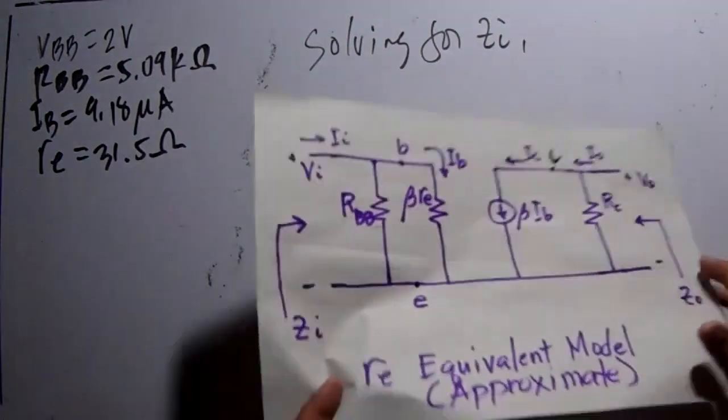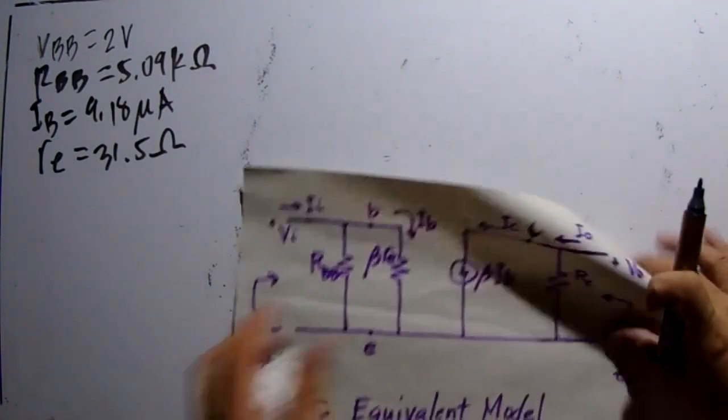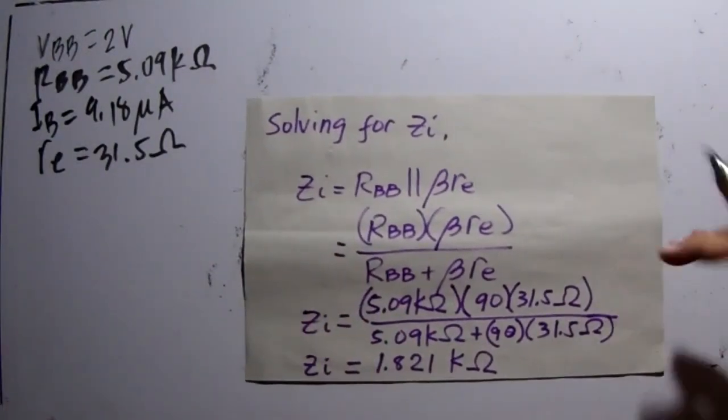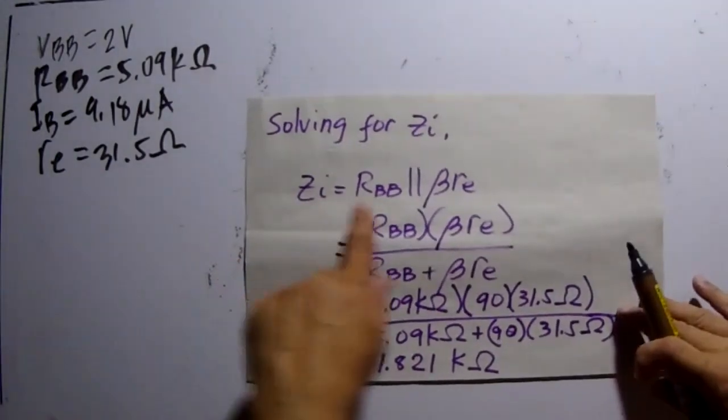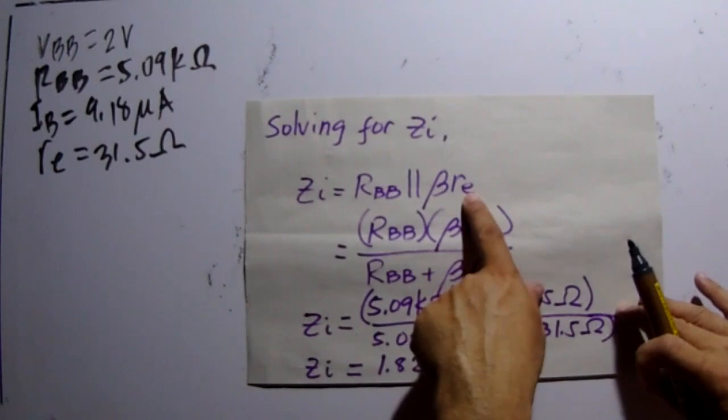So I have prepared here the solution. ZI is the parallel combination of RBB and beta RE from this circuit.